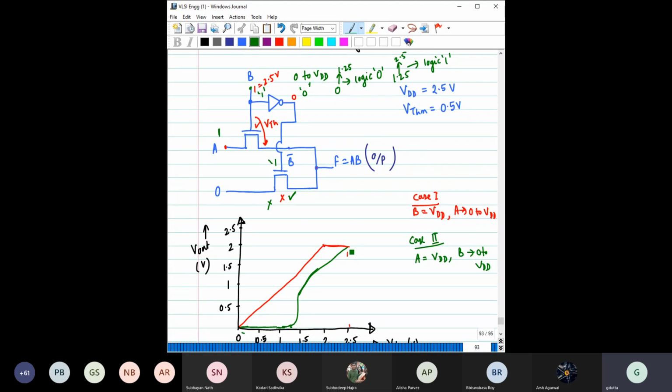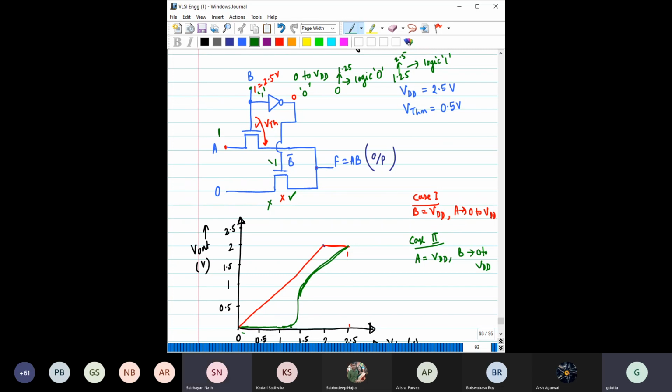Now please try to explain why it will not reach the maximum value immediately, and why it will rather take a shape similar to this. What do you think? What are the other things that are happening?